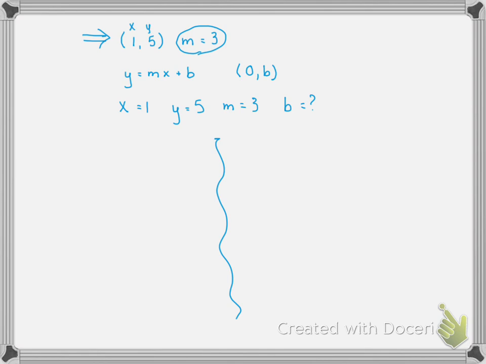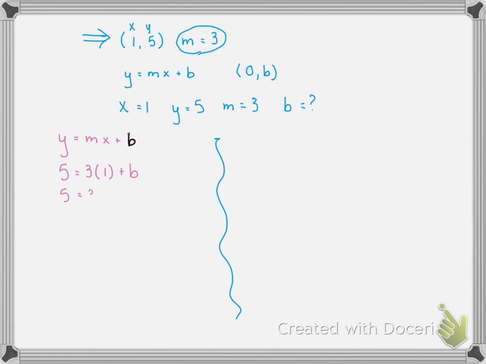Okay, so the first way is to use slope-intercept form, and our unknown is the b value. So what we have to do is solve for b. So we are going to fill in the y value is 5, the m value is 3, the x value is 1, and b is our unknown.